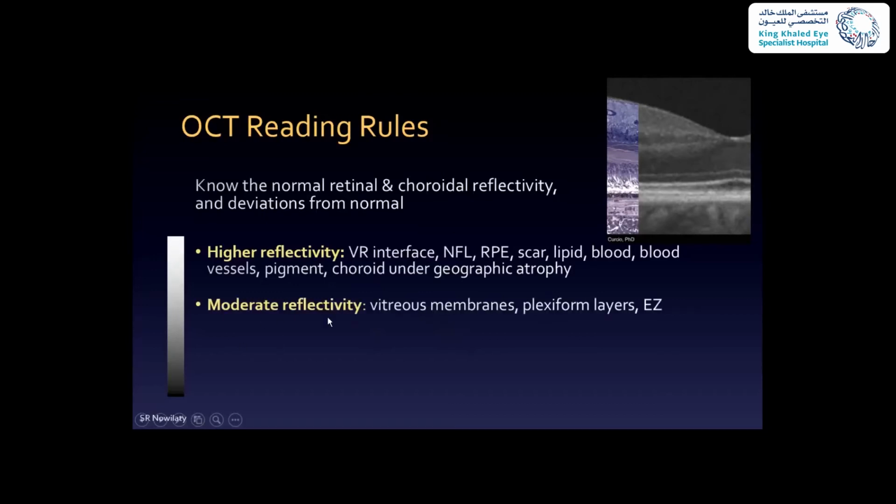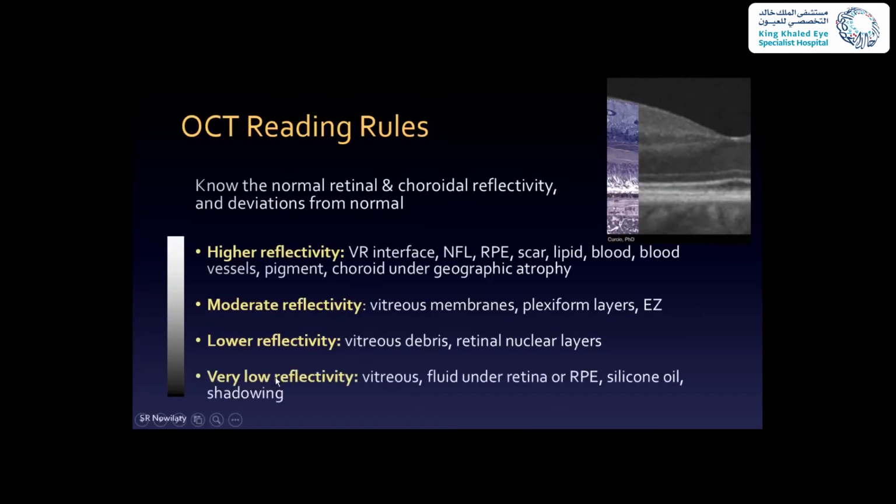Moderate reflectivity is when you have vitreous membranes, or for instance, the ellipsoid zone. Lower reflectivity when you have some vitreous debris, or the nuclear layers, and very low reflectivity, almost no reflectivity, is when you have clear vitreous, or fluid under the retina or the RPE.